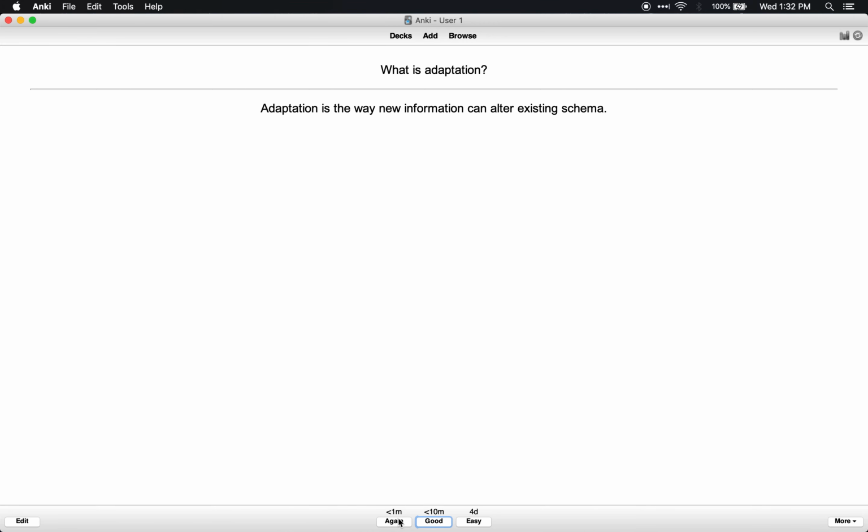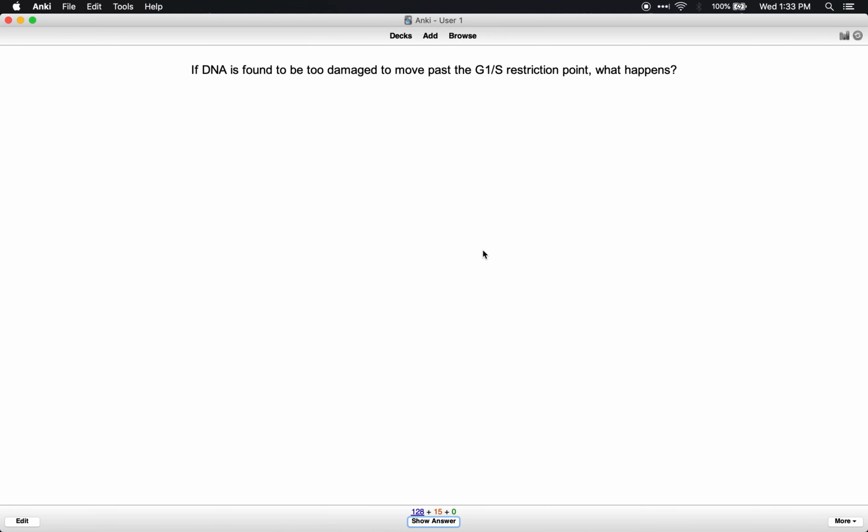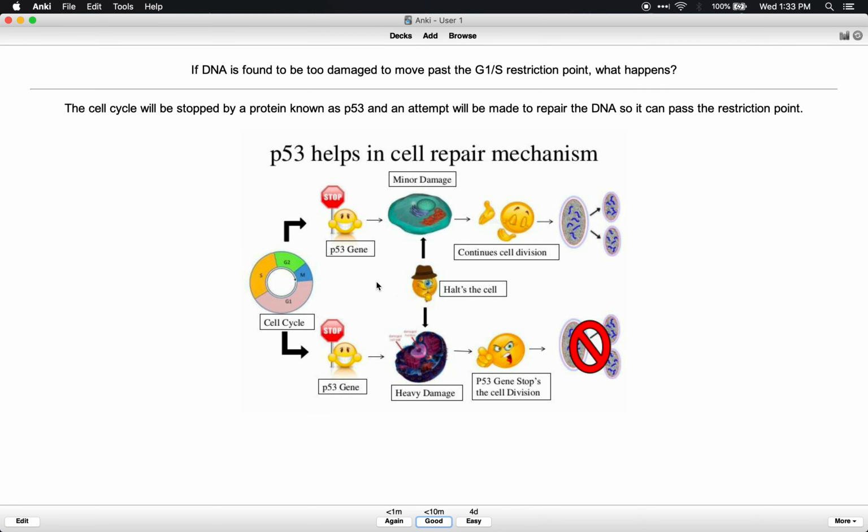If DNA is found to be too damaged to move past the G1/S restriction point, what happens? The cell cycle will be stopped by a protein known as p53, and an attempt will be made to repair the DNA so it can pass the restriction point.